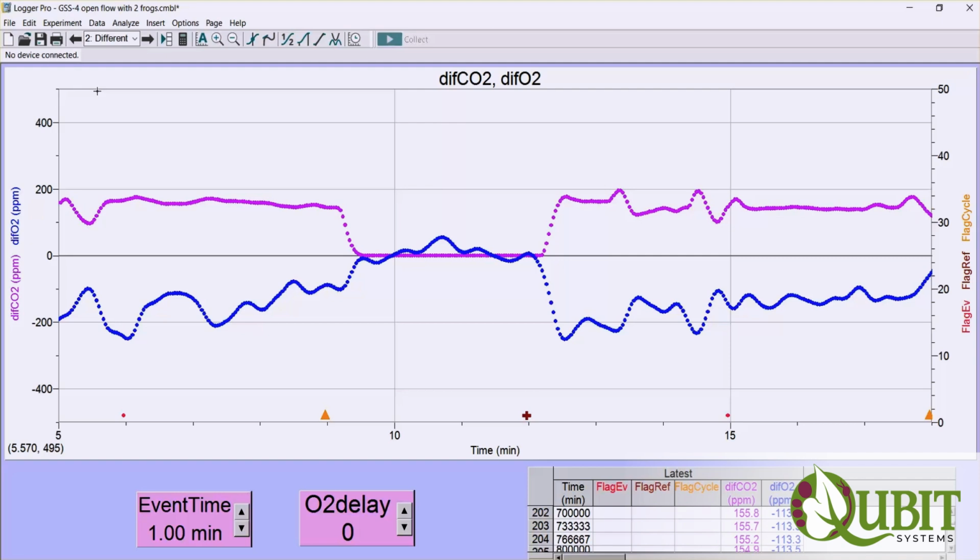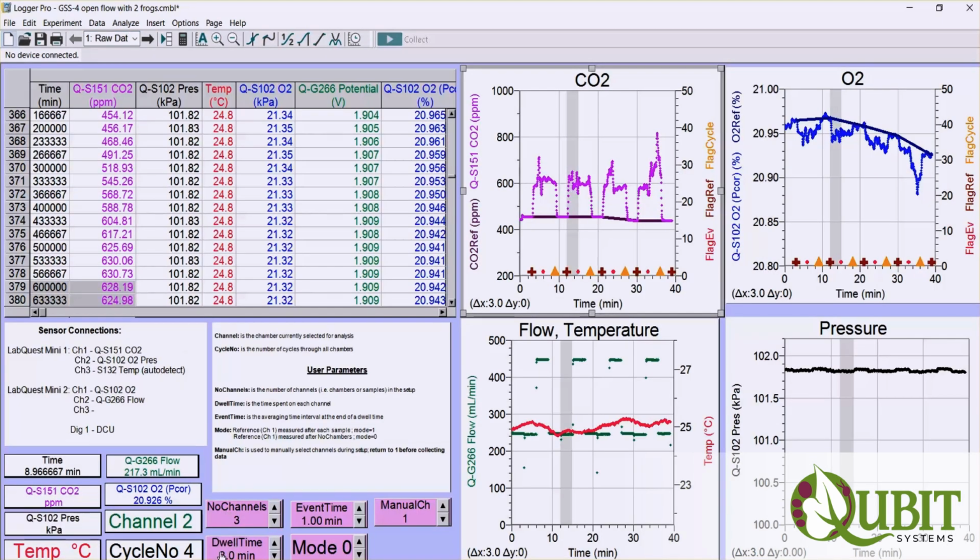And the other parameter that you want to adjust here is the event time. I mentioned that earlier. Event time is usually about 1/3 of the dwell time. So with 3 minutes, going back to raw data here, with 3 minutes dwell time, an event time of 1 minute is sufficient.